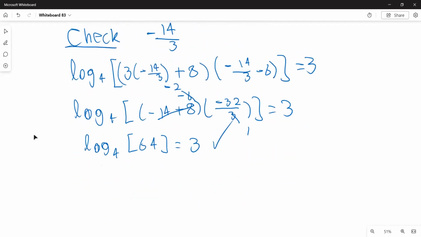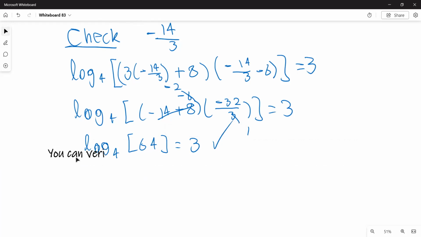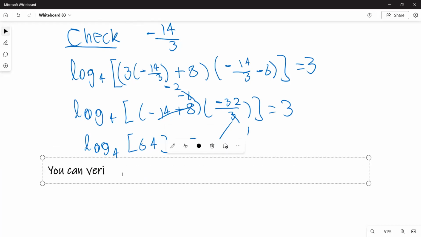And 8, well, I'm just going to skip the check. I did a harder one, but I'm skipping the check, so you can verify. Yeah, 8 is also a solution.